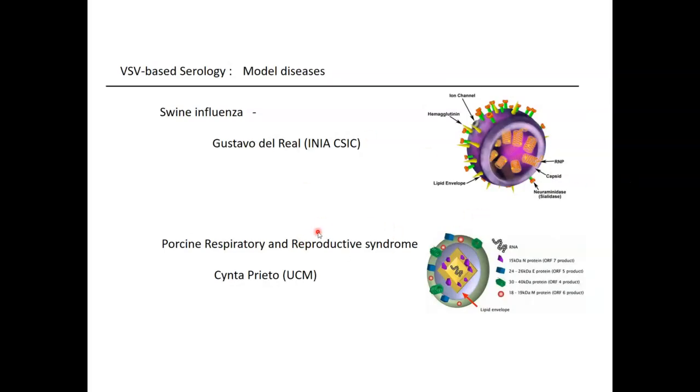We have chosen two model viruses: swine influenza virus, because we have a collaborator who has all the reagents, and also the porcine respiratory and reproductive syndrome virus, which we also collaborated on with a woman from the Complutense University in Madrid.